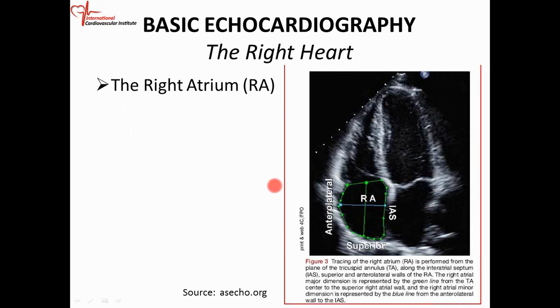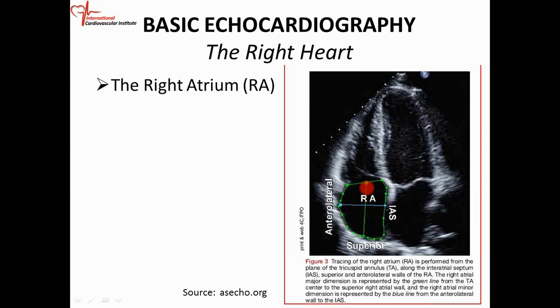And this is how it's done. So it is very important to know how it's done. Don't just do any little tracing. So you have to trace across the tricuspid plane, straight line, and then you come down the interatrial septal border, then you trace the walls of the right atrium.